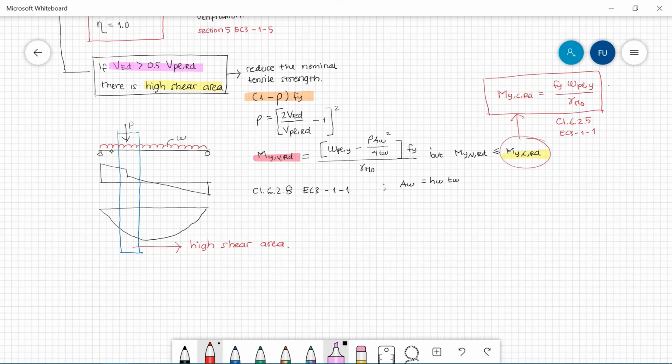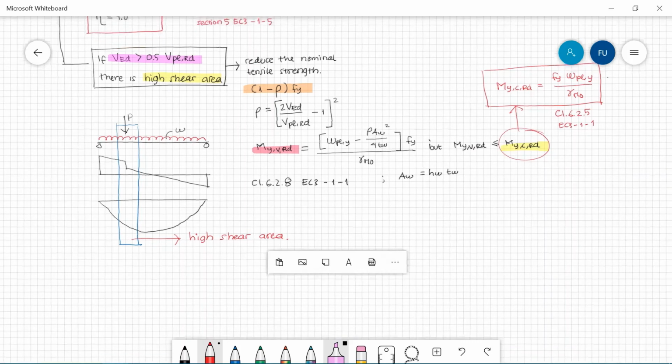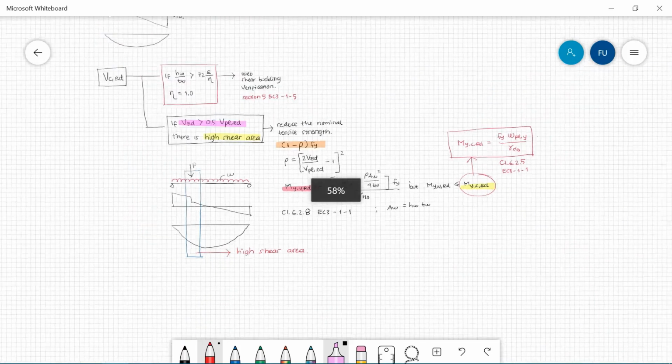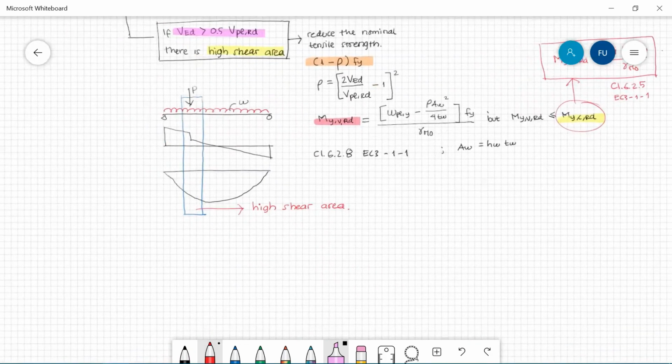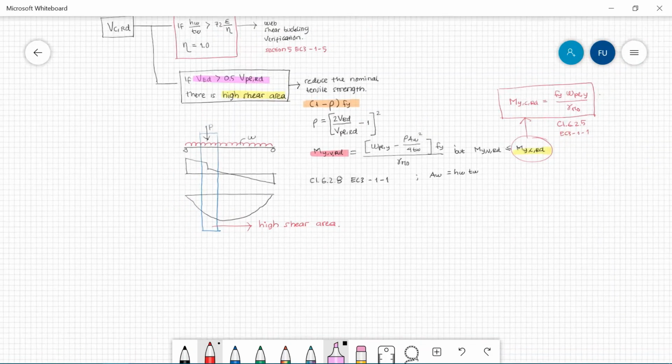There is a point load in between the span of the beam, so then there is a high shear area. Okay, there is the shear design resistance. So we will continue our discussion to the example.